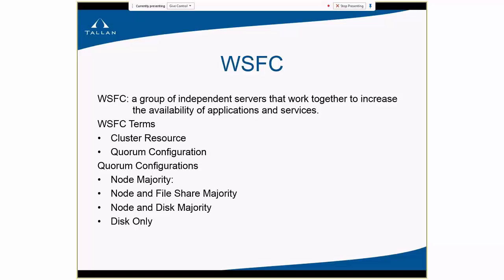Two terms that will come up are cluster resource and quorum configuration. A cluster resource is a physical or logical entity that can be owned by a node in the Windows Server Failover Cluster, and both AlwaysOn availability groups and failover cluster instances register components as cluster resources.